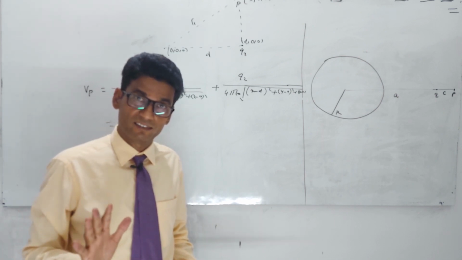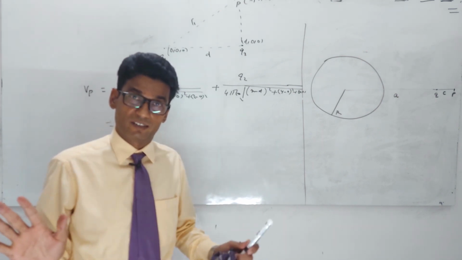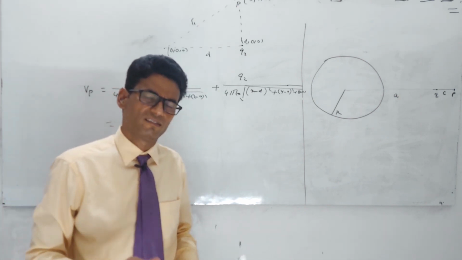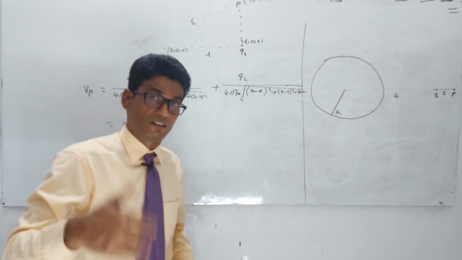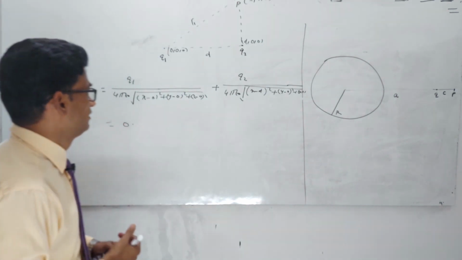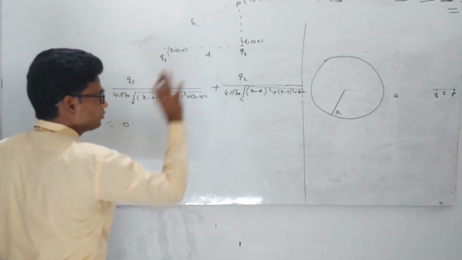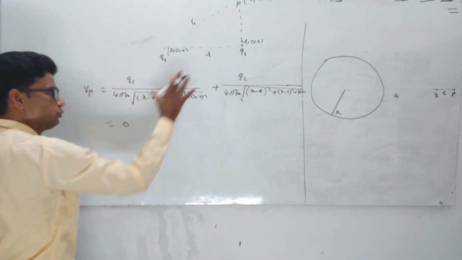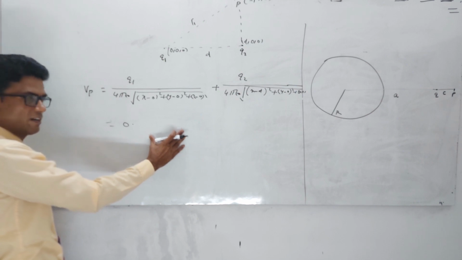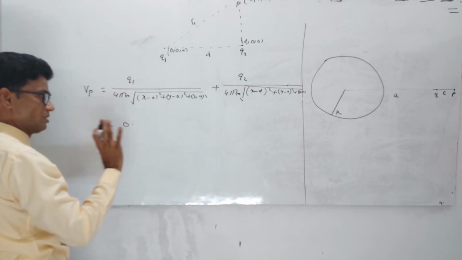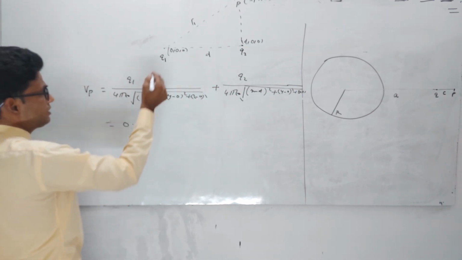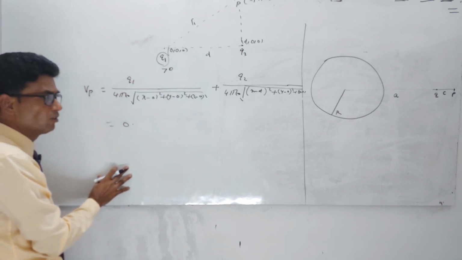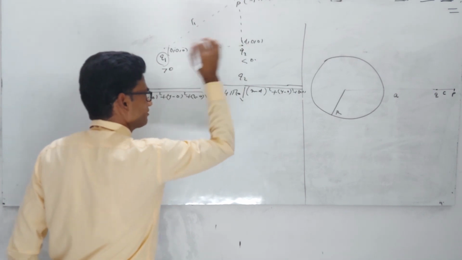Keep in mind, charges are neither negative nor positive, but still we use mathematical operations like less than or greater than 0. So obviously these two are of opposite nature, then only the sum of these two terms comes out to be 0. So we take Q1 as positive, you may take negative, no problem at all. Definitely Q2 is of negative nature.